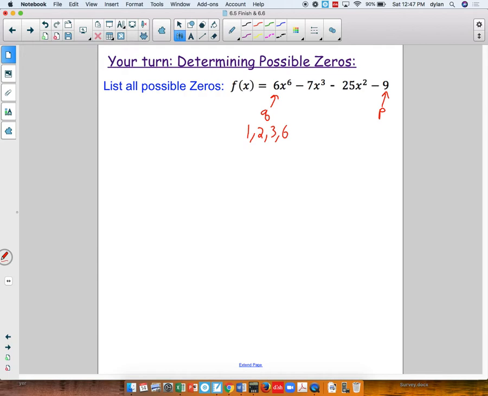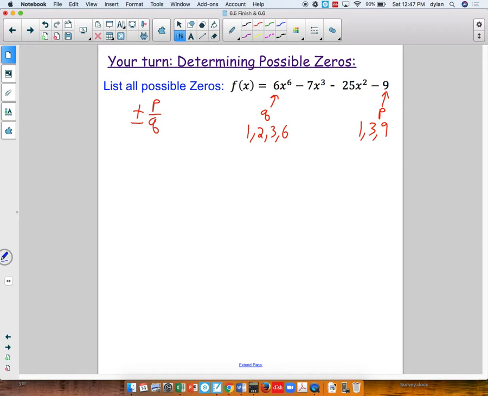The factors of 9 are 1, 3, and 9. So I need to list out all the possible plus or minus p over q values. And I'm going to try to do this in a fairly systematic way. I would start with the 1 for p and do all the different q options, and then the 3 for p and do all the different q options. And then I would do the 9 for p after that, and again, do all the different q options.